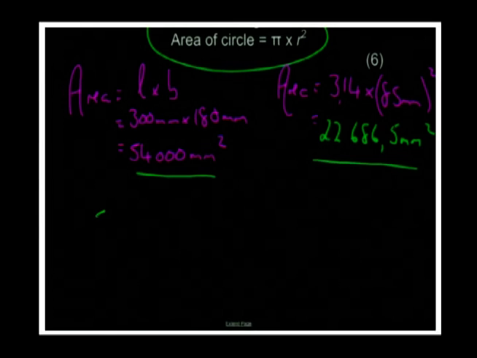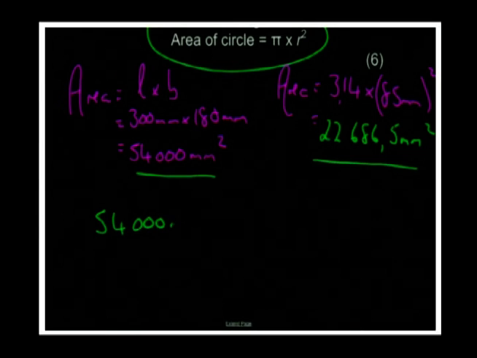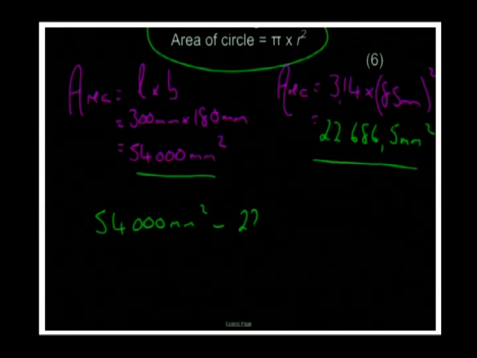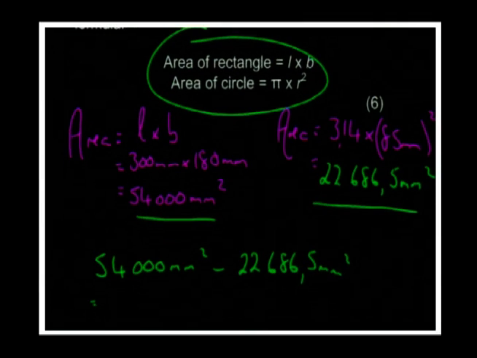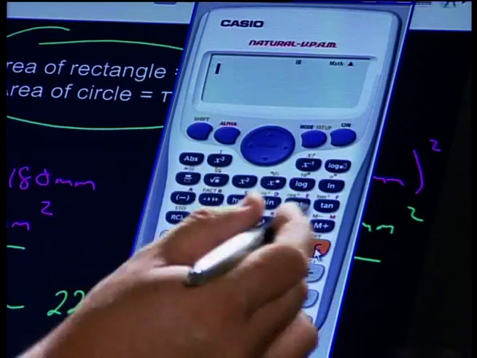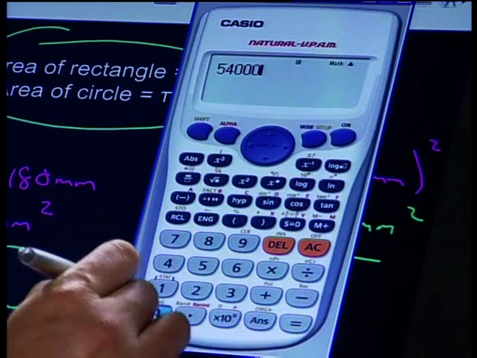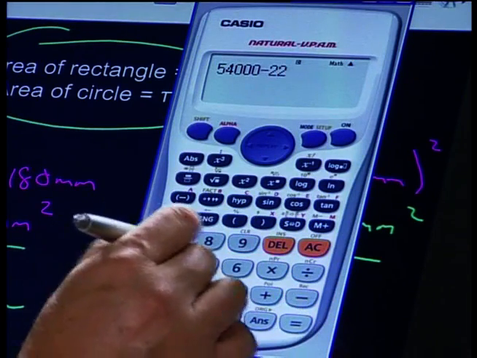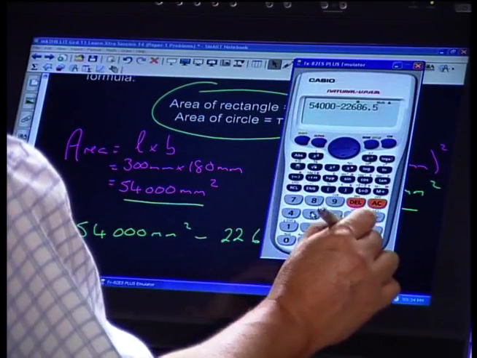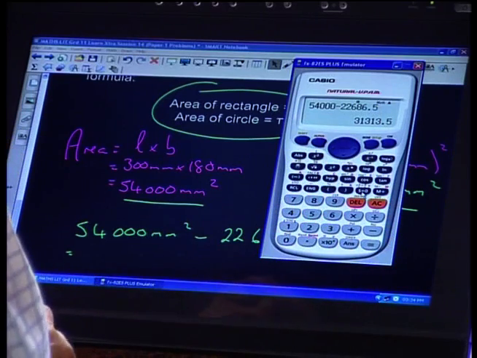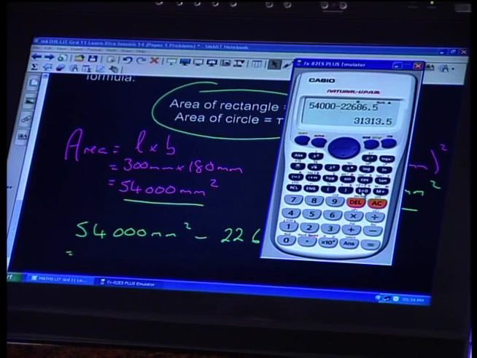What part is covered by the frame? Well, it's going to then be the 54,000 millimeters squared minus the 22,686.5. Okay, and that is going to give me, calculator comes out, and we say 54,000 minus 22,686.5 equals, and there's our answer, 31,313.5.